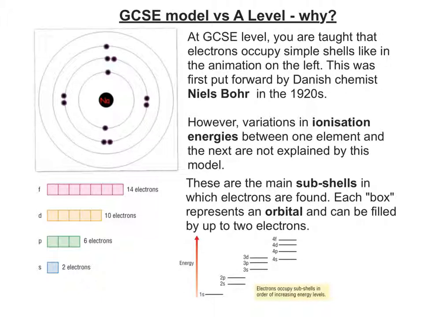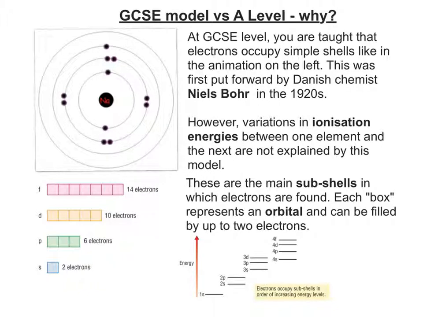An s orbital could be represented by that, for example, or a p orbital could be represented by that, or an f orbital could be represented by that. And inside each orbital, you represent 2 electrons by arrows, showing that they spin in opposite directions.